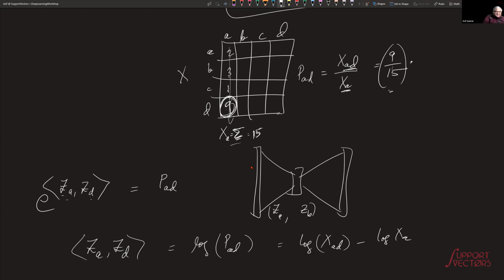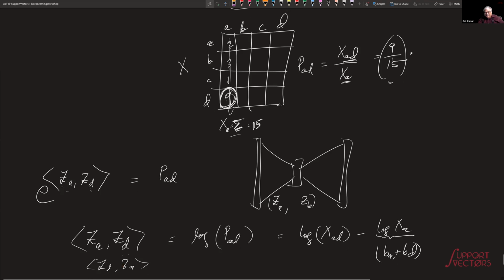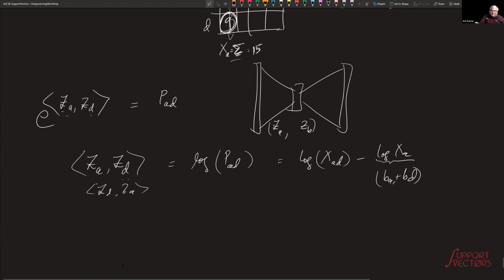But you could have asked this question to keep it symmetric, like ZD, ZA. If you want to keep it like that, you split it up into so-called bias terms, a bias of A and a bias of D. So I'll leave it as that, a plus bias of D. You just break it up symmetrically into two pieces. It's just a technical mathematical thing.